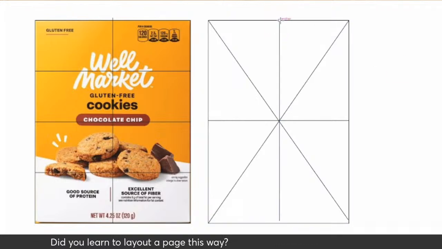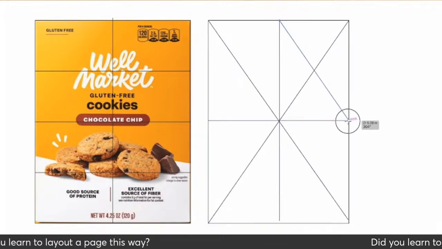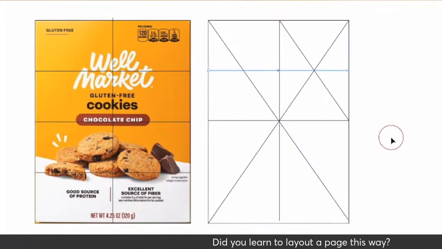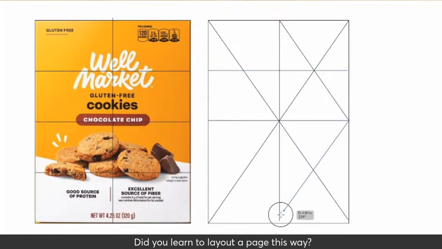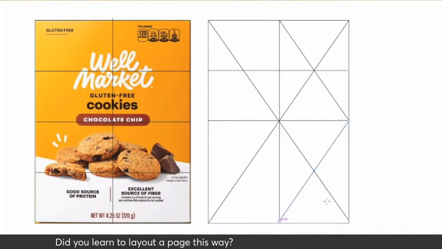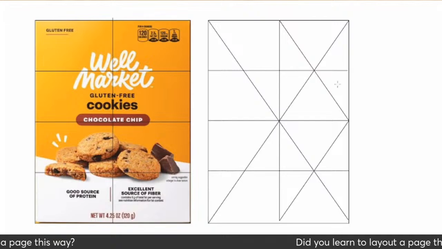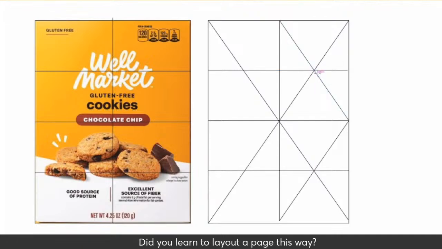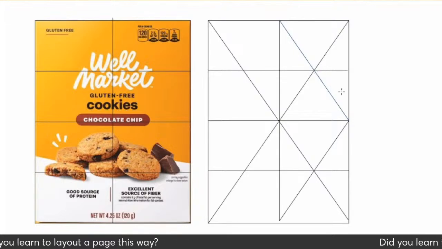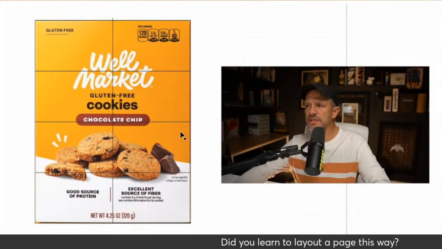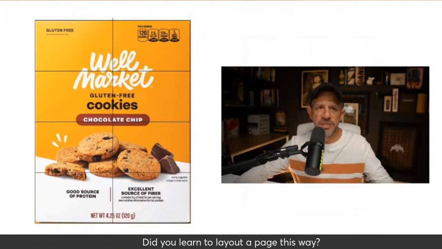And what ends up happening is you end up with basically the same 4 quarters that I have here. And you just keep going and going and going. And anywhere that the lines hit, overlapped, that's where you put the most of your attention. That's where your critical pieces are going to go. But that's the old way to do it. This is so much faster and so much easier.